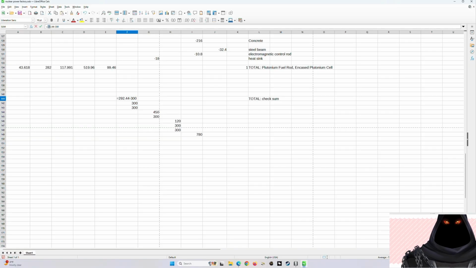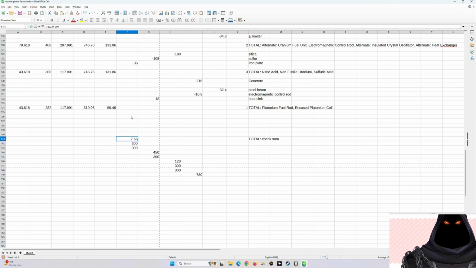So we're going to take the actual used Caterium ore, and then we're going to subtract it from the loaded Caterium ore to get the remainder. So this is the remainder. So we're going to have 7.56 ore trickling down the sushi line at the end. So for the checksum, we just simply subtract this from the total. And the goal is for the checksum to be 0 across the board. If it's not 0, that means that I made a math mistake somewhere.